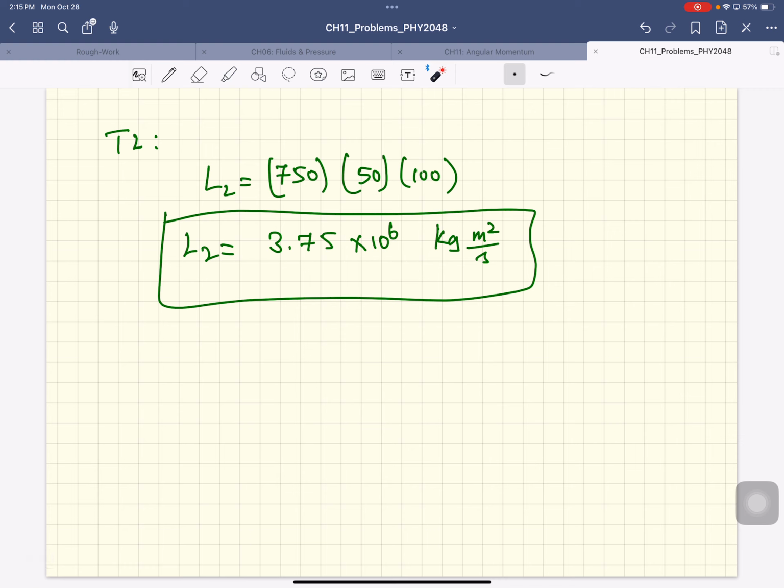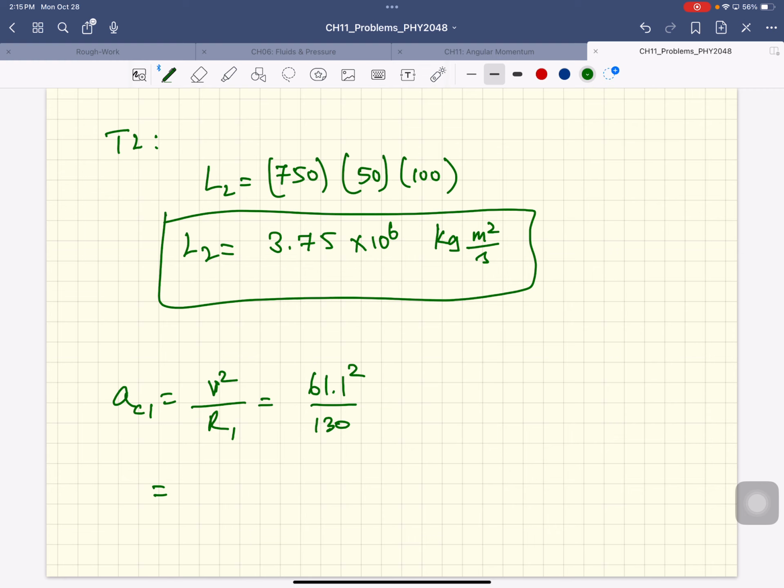Okay, we'll calculate one more thing the problem doesn't ask, the centripetal acceleration. Anybody Formula One fans here?